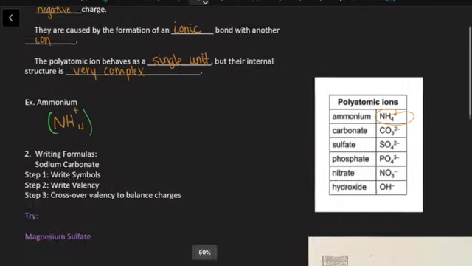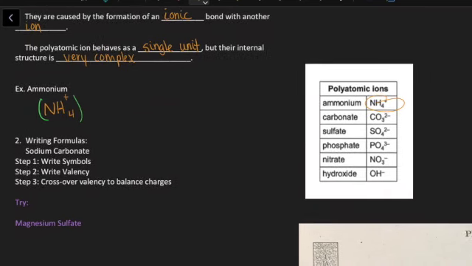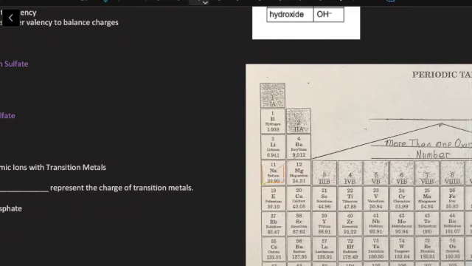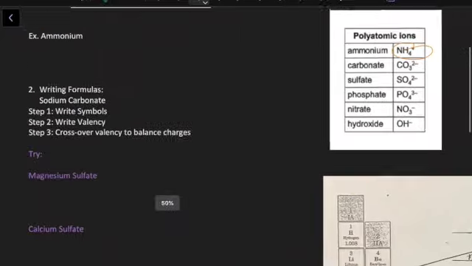Alright, let's look at writing formulas like this. This part should not be too bad. Alright, sodium carbonate. So we're going to follow our steps from the last video. Sodium is right here. Remember, you're using oxidation numbers here, and group 1 has a +1 charge. So sodium is Na.